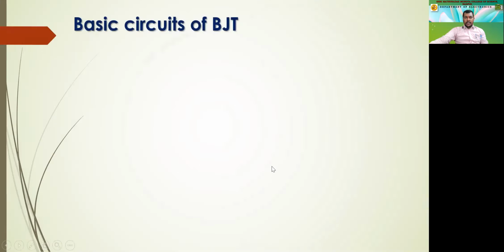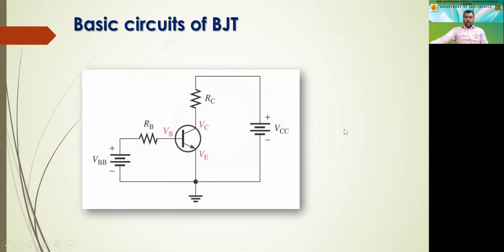Then we have the basic circuits of BJT. We have studied this: the common emitter configuration. Here the base-emitter junction should be forward biased and the collector-base junction should be reverse biased. For that, this is an NPN transistor, so the P side is given the positive terminal and the negative goes to the emitter.